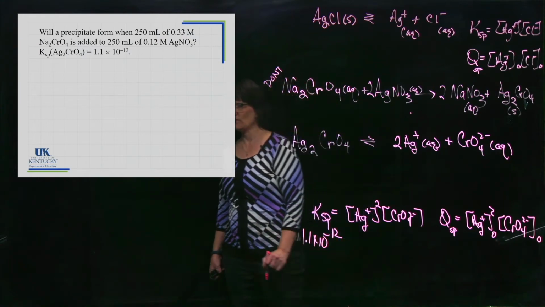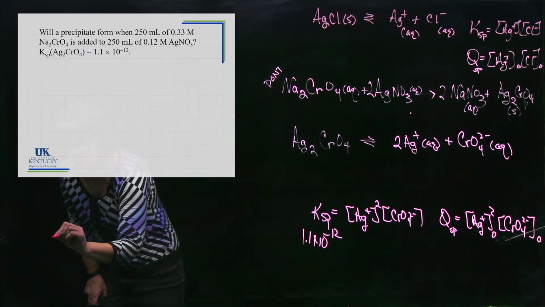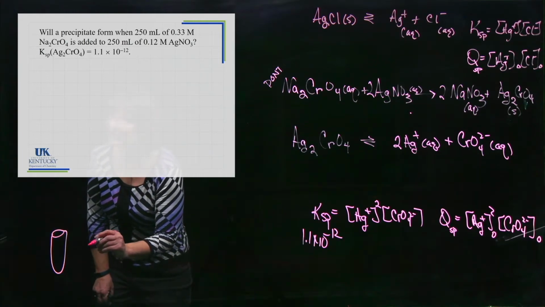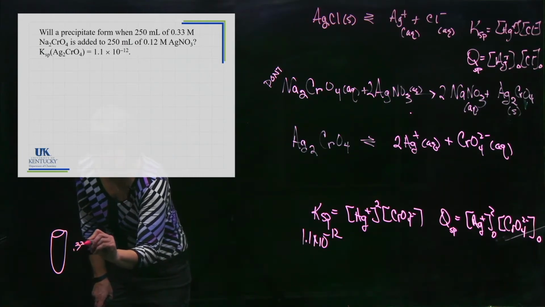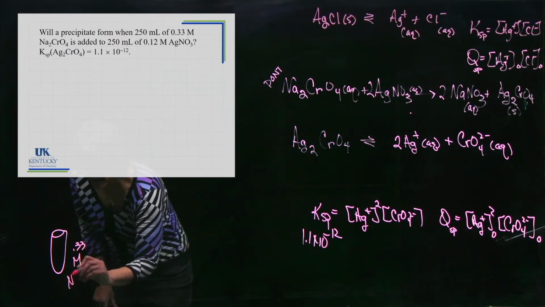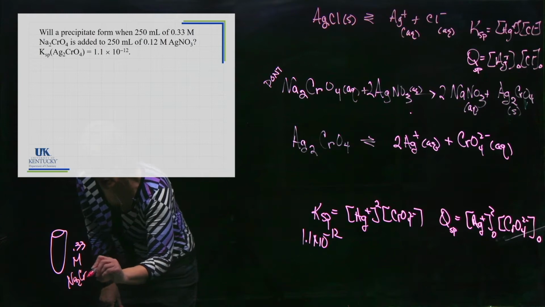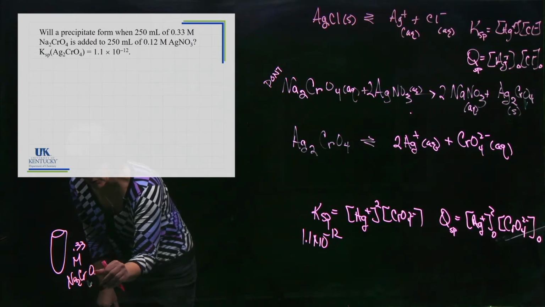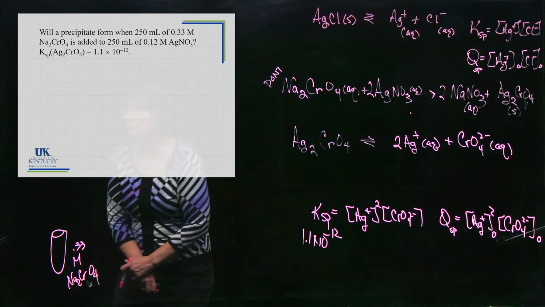Let's get an image of what's taking place here. I have one test tube, and in this test tube it is 0.33 molar of sodium chromate, Na2CrO4. I keep wanting to write dichromate, there, CrO4.